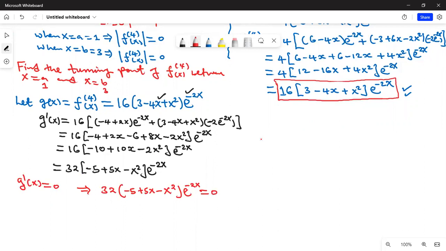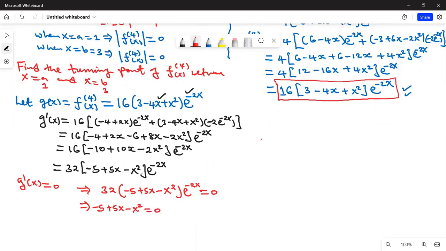Remember, the exponential cannot be 0, 32 cannot be 0. So it is negative 5 plus 5x minus x squared that can be 0. Let me write it this side. This simply means that negative 5 plus 5x minus x squared is the one that is equal to 0.